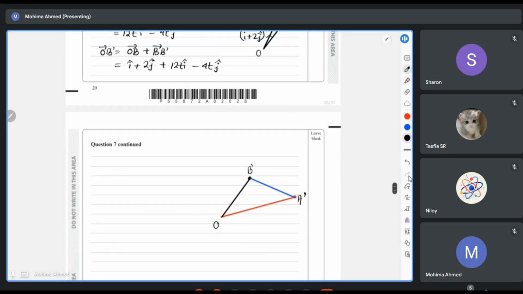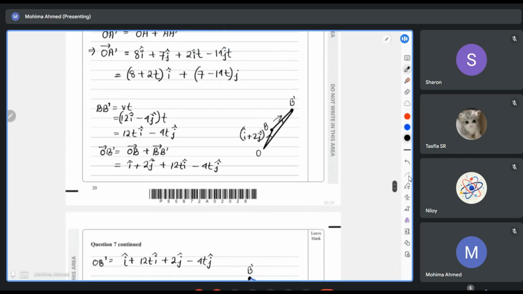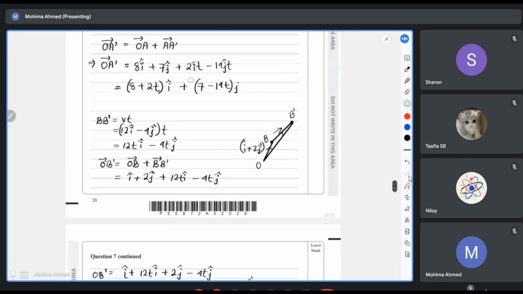I plus 12t and 2 minus 4t. This was for OB. I can write it down over here. OB prime was I plus 12ti and 2j minus 4tj. I'll also write down the value for your OA, which was this. I'll use this length actually.